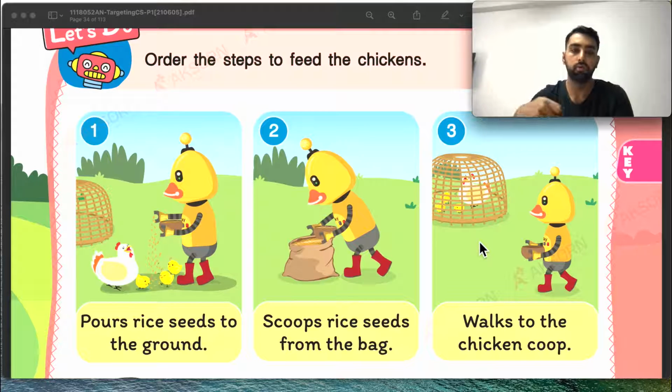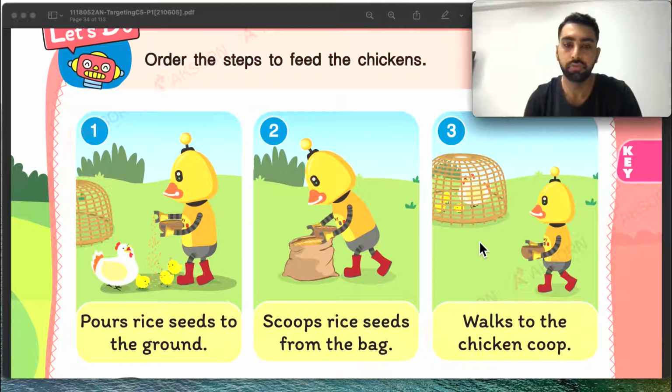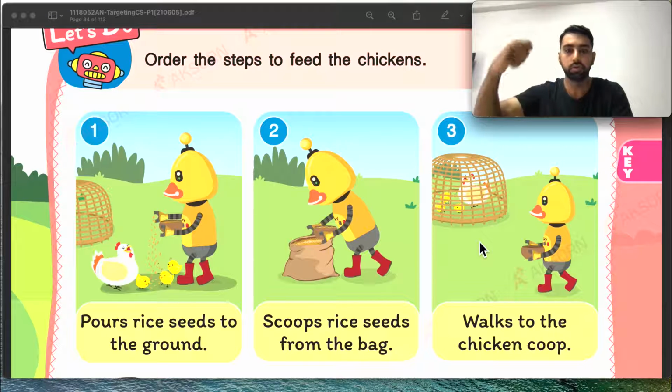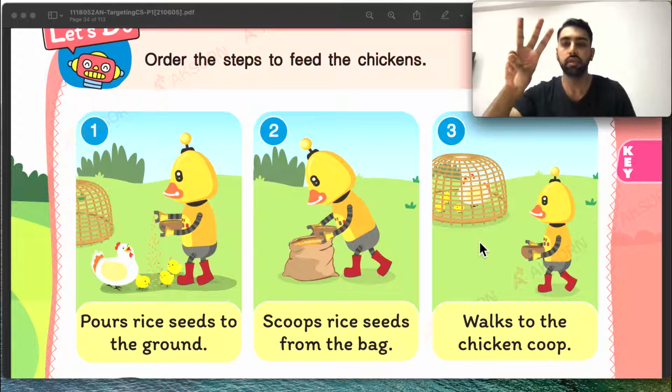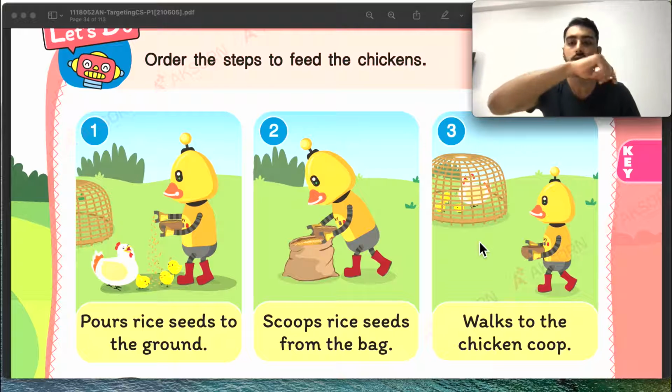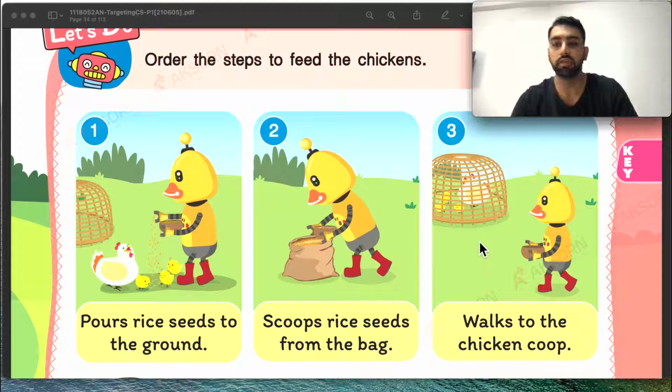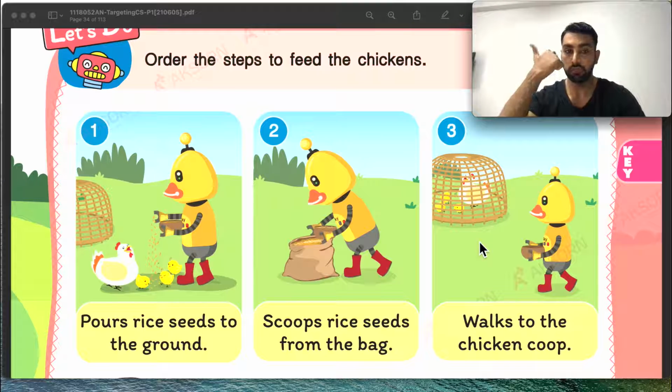Picture 2, scoop rice seeds from the bag. Number 3, walk to the chicken coop. Alright, let's see which one he has to do first, and then second, and then third.